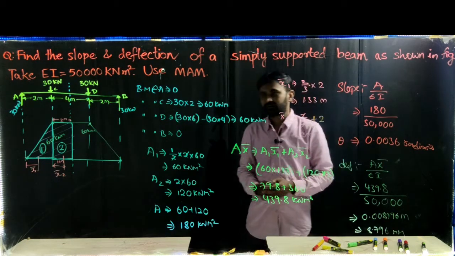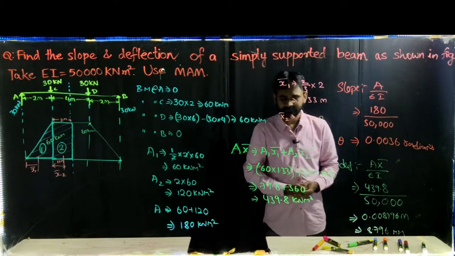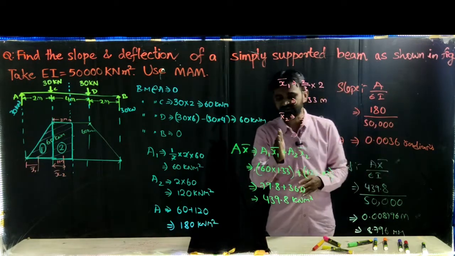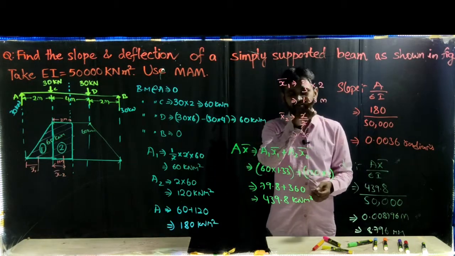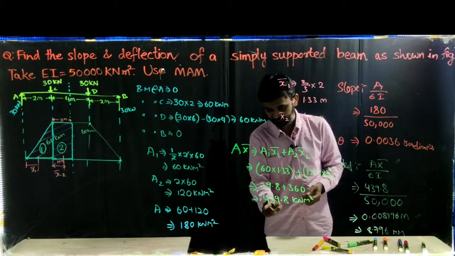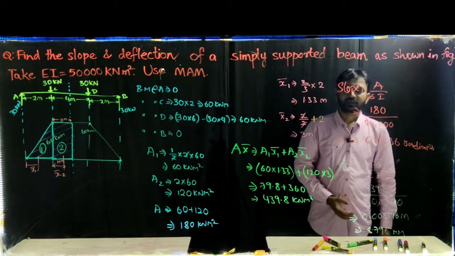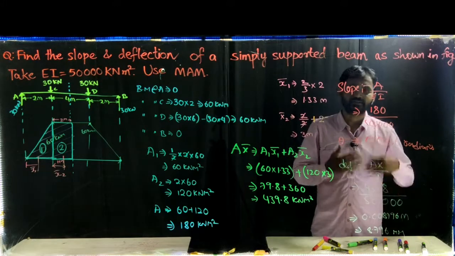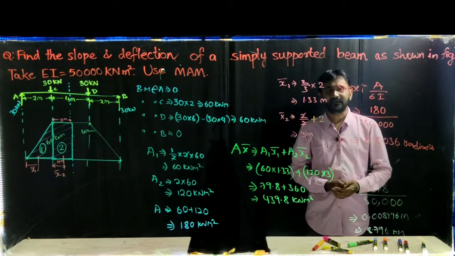And now you have the A value and x1 value, so you can directly go for A x bar. Capital A x bar equal to A1 x1 bar plus A2 x2 bar is the formula. A1 you got here, x1 you got here. So simply you have to substitute that. Here you got A x bar as 439.8 kilonewton meter cube. And then after getting all these things, you will get the slope as well as deflection formulas. You got the slope, that is A by EI.